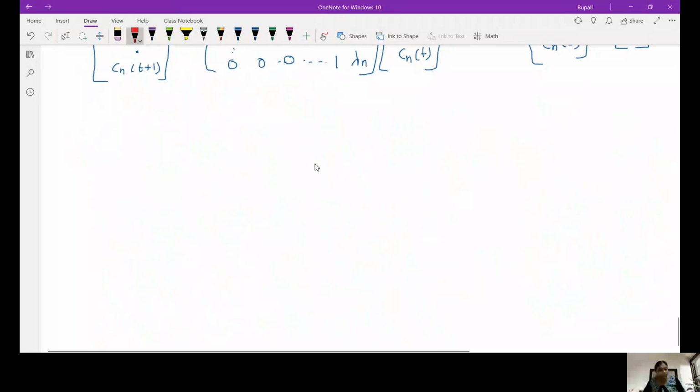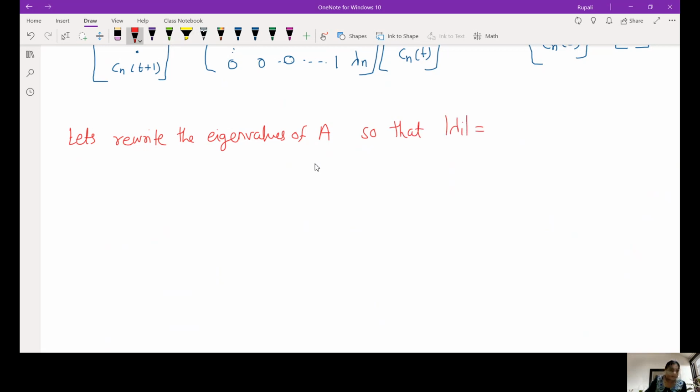Now let's rewrite the eigenvalues of A so that mod lambda_i is equal to 1 for i equal to 1 up to k minus 1, and mod lambda_i is strictly less than 1 for the remaining i.